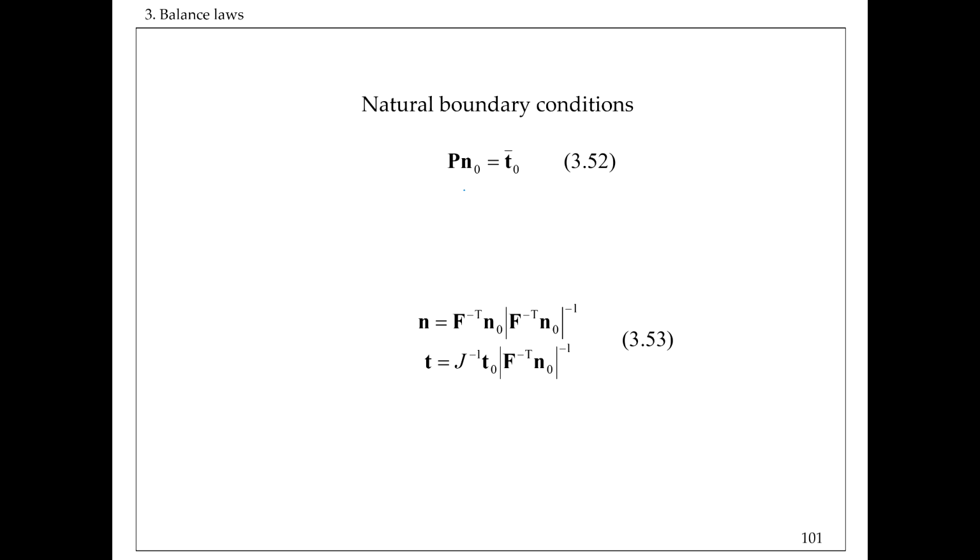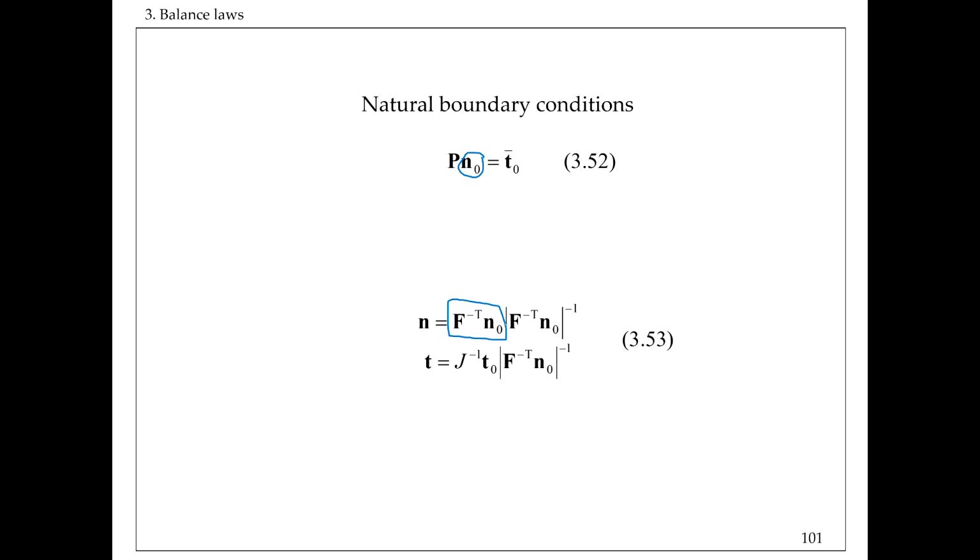All right, so one important note here finally is that it depends on what we define as a unit vector. If n0 in this configuration is a unit vector, this normal, then the transformation to n would be just by F minus transpose here.